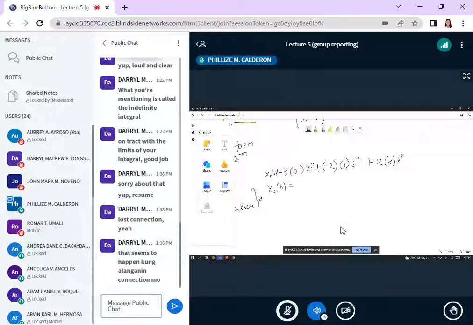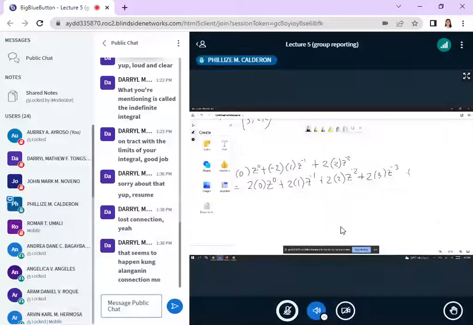Gagawin lang natin dun is, since given na yung 2 as our magnitude, so 2 at time 0, z raised to 0, plus 2 at time 1, z raised to negative 1, plus 2, time 2, z raised to negative 2, plus 2 ulit, time 3, z raised to negative 3, then hanggang 4, plus 2, time 4, z raised to negative 4.